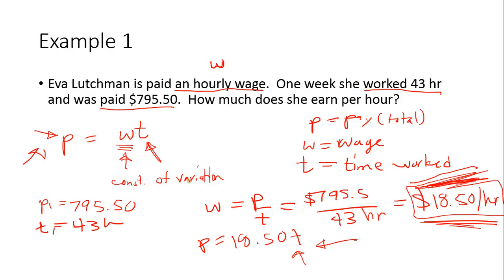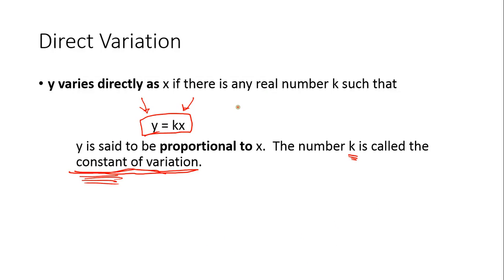X increases, y increases; x decreases, y decreases. That's why it's called directly proportional, because the relationship is direct. When you increase one, you have to increase the other, and when you decrease one, it forces you to decrease the other.